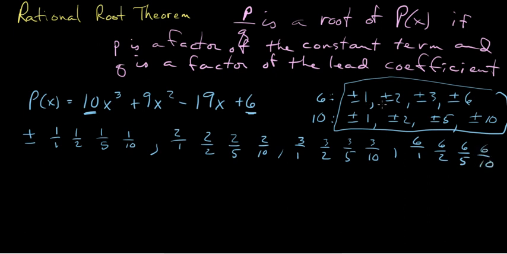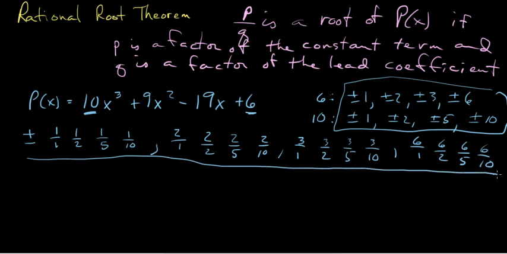I hope you understand what I did here. I just picked one of these each time on the top, and 1, 2, 3, 4 of these on the bottom. Now you're going to see some duplications. 3 over 1 is the same as 6 over 2. 3 over 5 is the same as 6 over 10. What we have here is a list of possible roots of P of x.